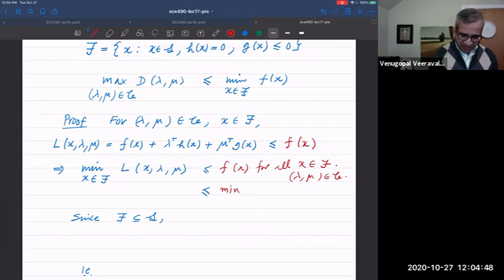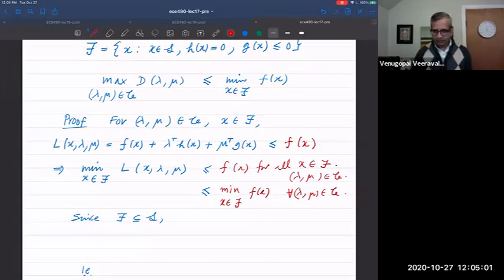So this will be less than the minimum over x belonging to the feasible set of f(x), for all lambda, mu belonging to C. But this is what I'll call f star, right? Under the feasibility constraints.